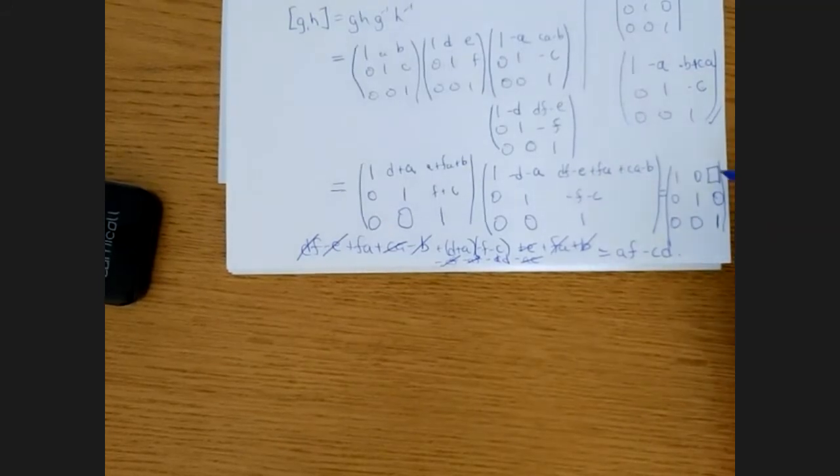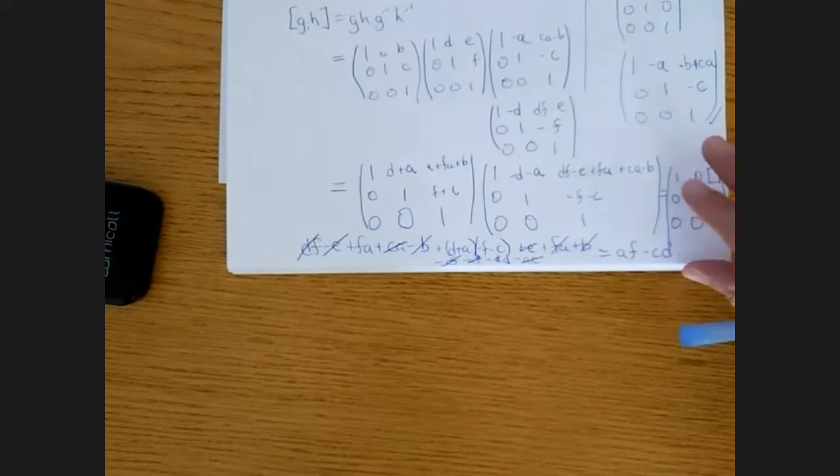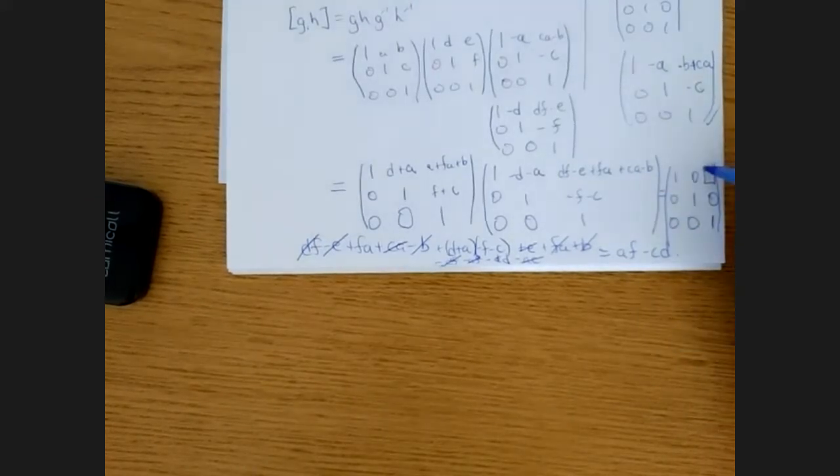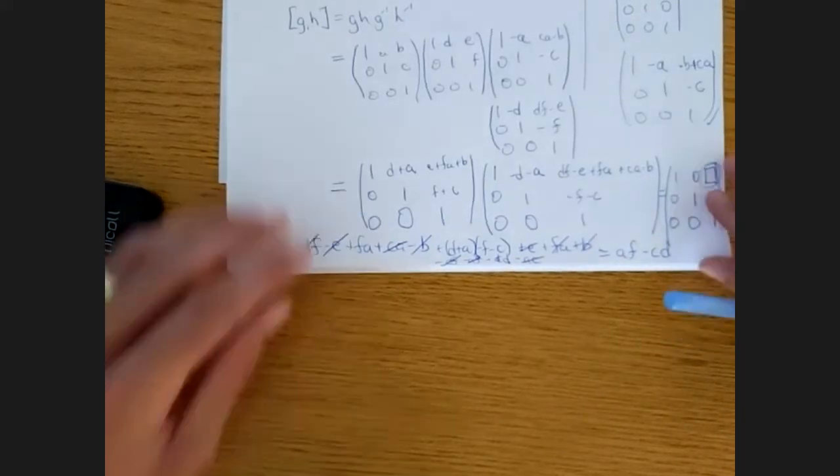So a typical commutator has the top right entry as just some real number, and these other two entries are 0. So that maybe tells us that if things like this were a subgroup, then the commutator subgroup would be the subgroup of all the things where this top right entry can be any real number.